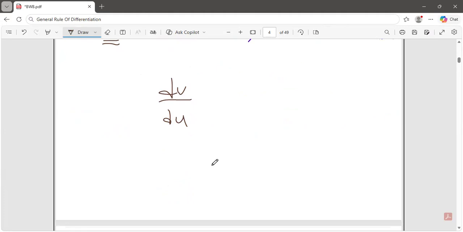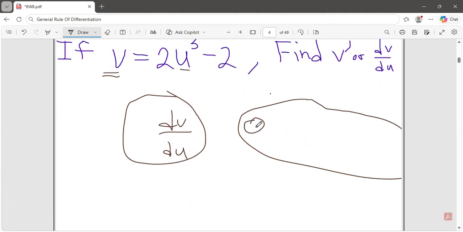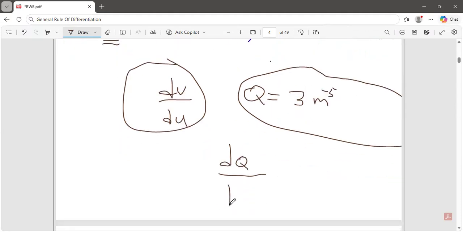Please don't get confused. If the question was in the form of, let's say, q is equal to 3m exponent minus 5, then to differentiate this, the differential of this, dq/dm, is going to be equal to the negative 5 multiplying the 3, and at the end of the day, we are going to subtract 1 from the negative 5.